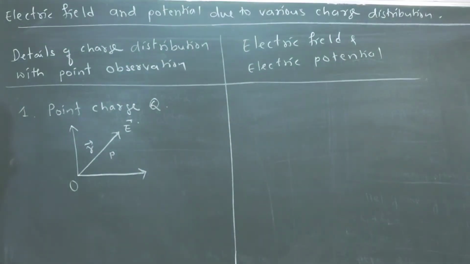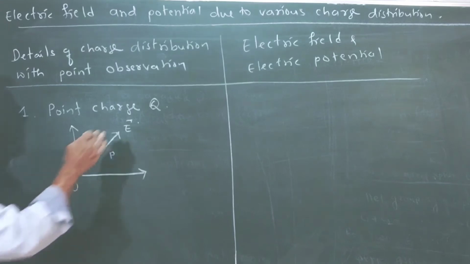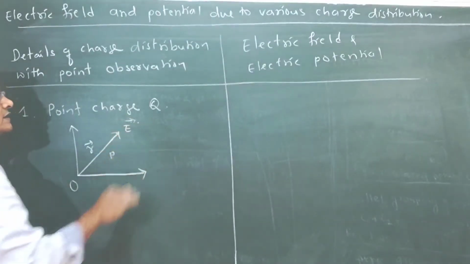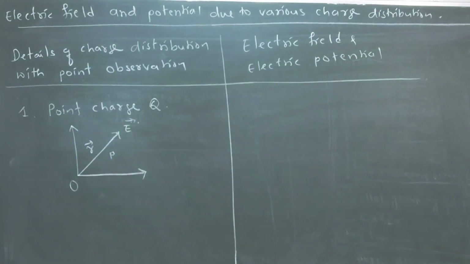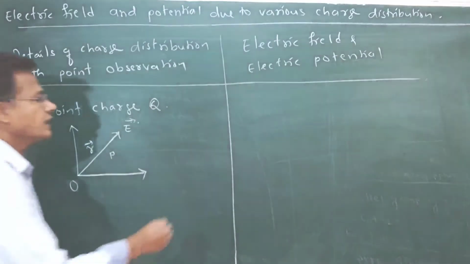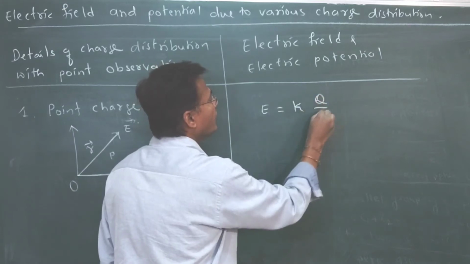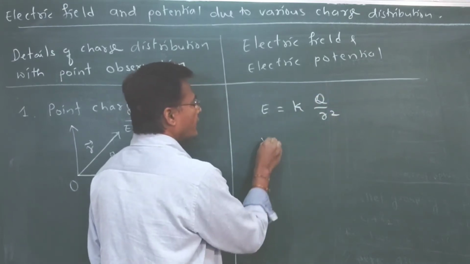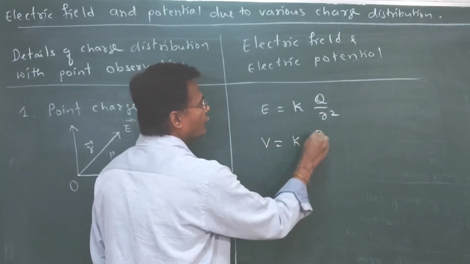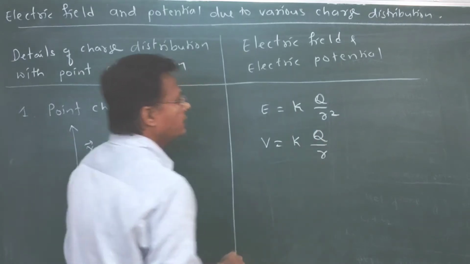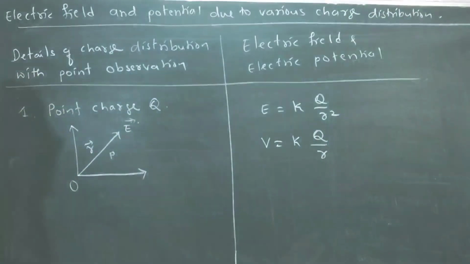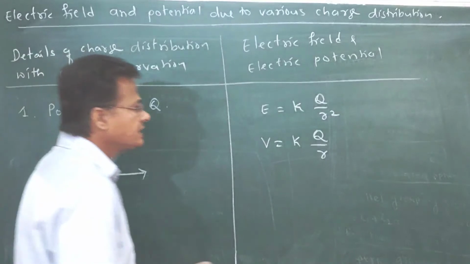Potential is a scalar quantity, electric field is a vector quantity. So what will be their formulas? Electric field E equals K Q divided by R square, and potential V equals K Q by R. Now you can see the graph.